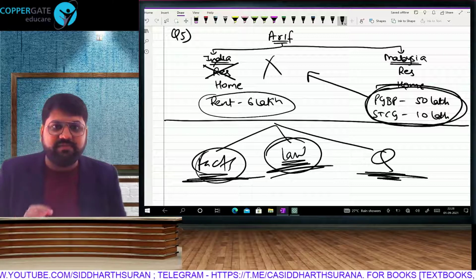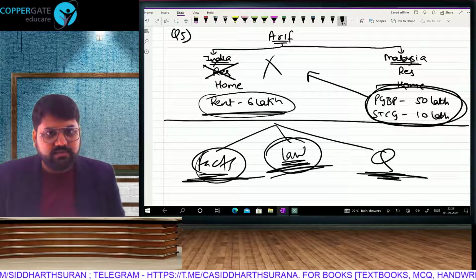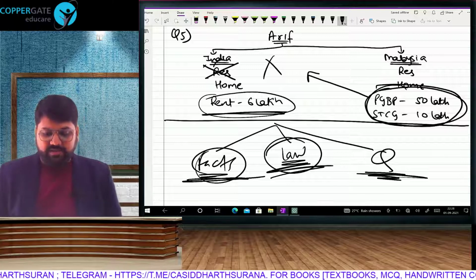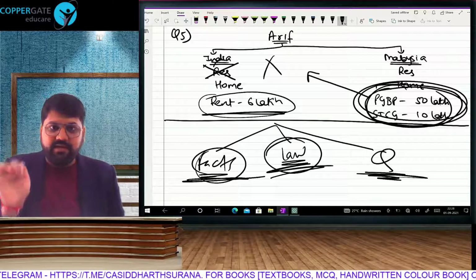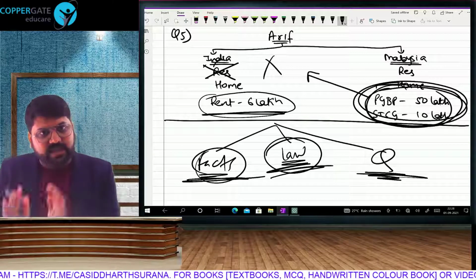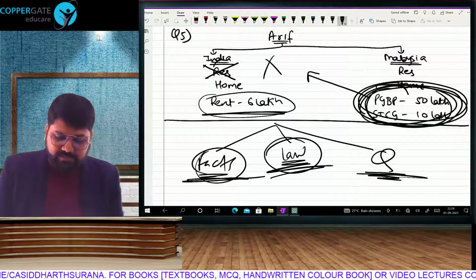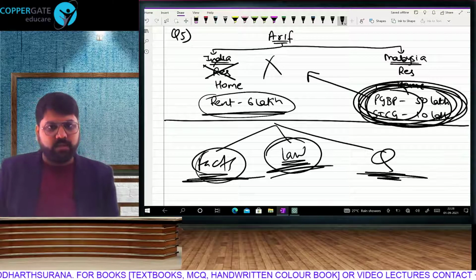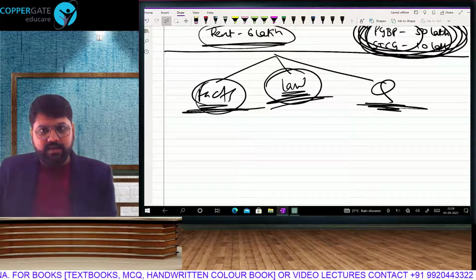They are not even asking about this rental income. Has the question asked you anything about rent? No, because they have not given information. They give you information only about this and they ask you only about this. In bilateral treaties, any question will be only to the extent the treaty clause is given in the question. So they gave you details about these incomes and asked you questions only about these incomes. For the rental income, they have not asked anything. Understood?